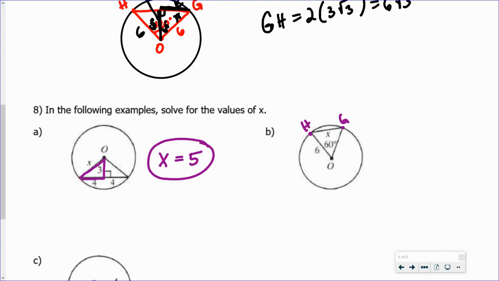So if you look, triangle HOG has to be, I'm sorry, not an isosceles triangle, an equilateral triangle, and equiangular, because these base angles are congruent, because the radii make this isosceles. So all three angles are going to equal 60 degrees, which means x is going to have to equal 6 to make that an equilateral triangle.